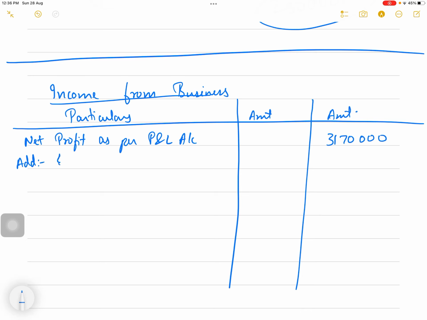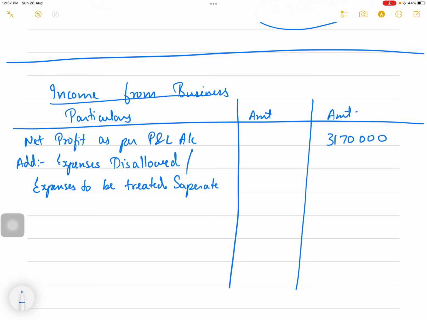Add expenses disallowed which are shown in the P&L account. Expenses to be treated separately. And also income which is taxable under income from business but not shown in the P&L account.